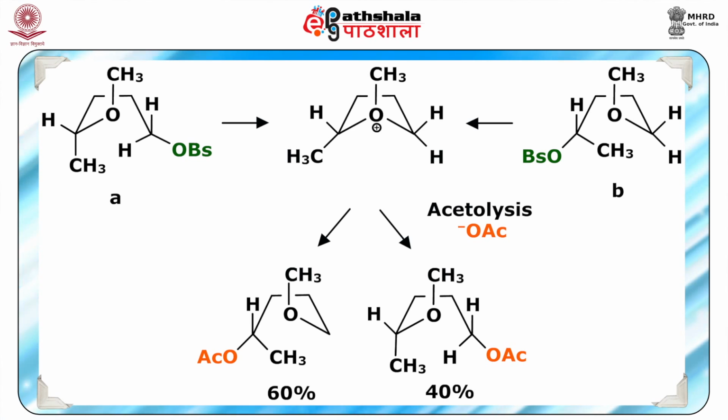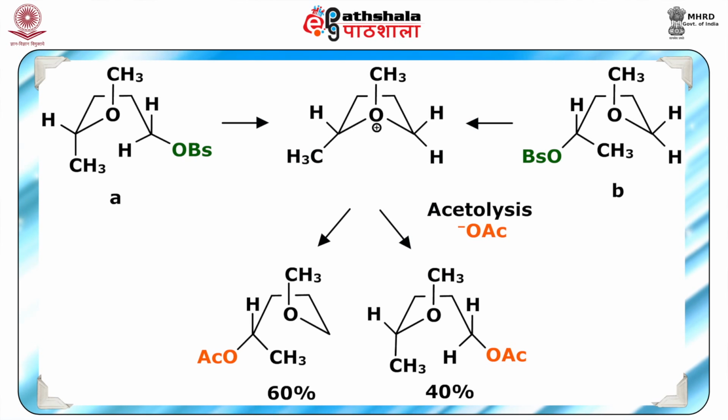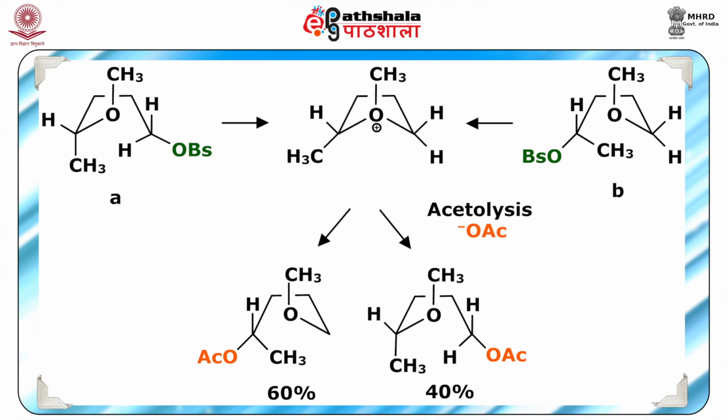And what you can see in case of A, the OCH3 attacks on this carbon with the removal of OBs minus, giving you this intermediate, and similarly here this OCH3 positioned at this place attacks on this carbon with the removal of OBs minus and gives you this common same intermediate.